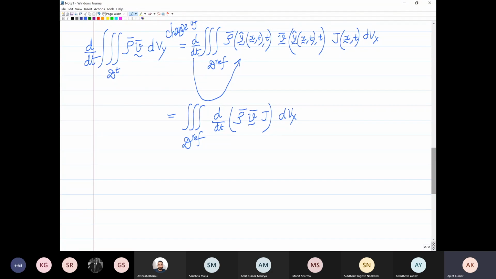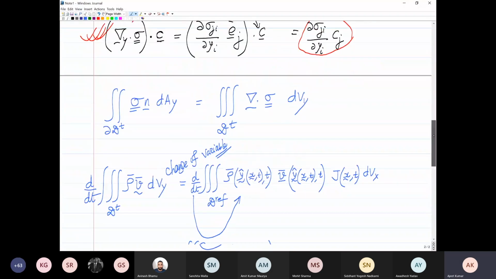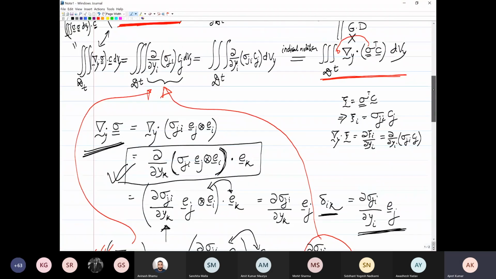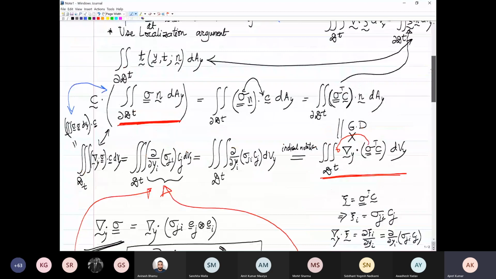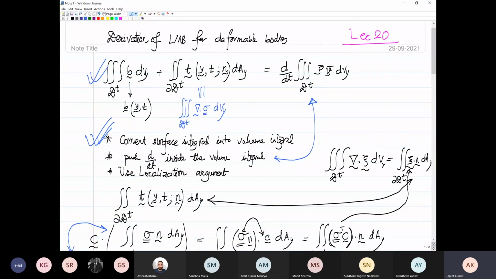Okay, now I somehow want to go back to dt, because I can't work with D ref here, because the other two terms over here are in dt. So I want to have everything in dt.